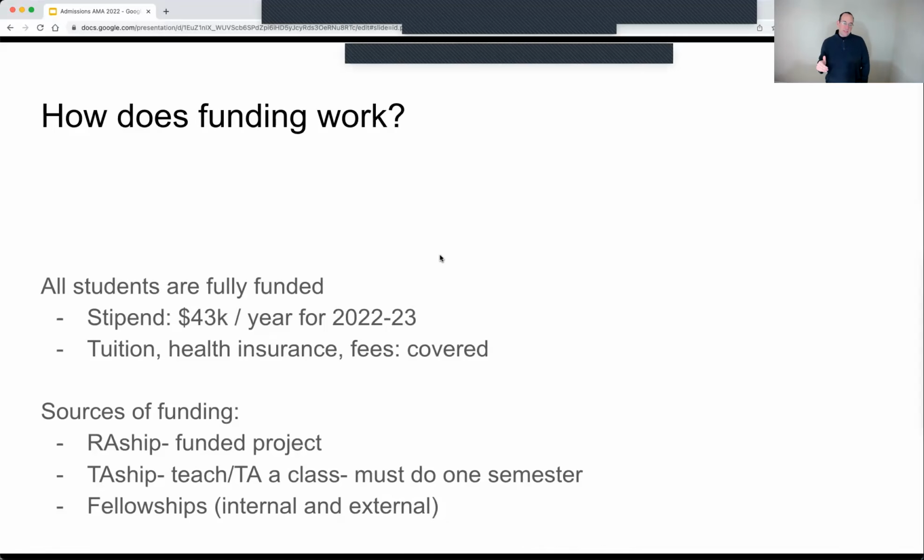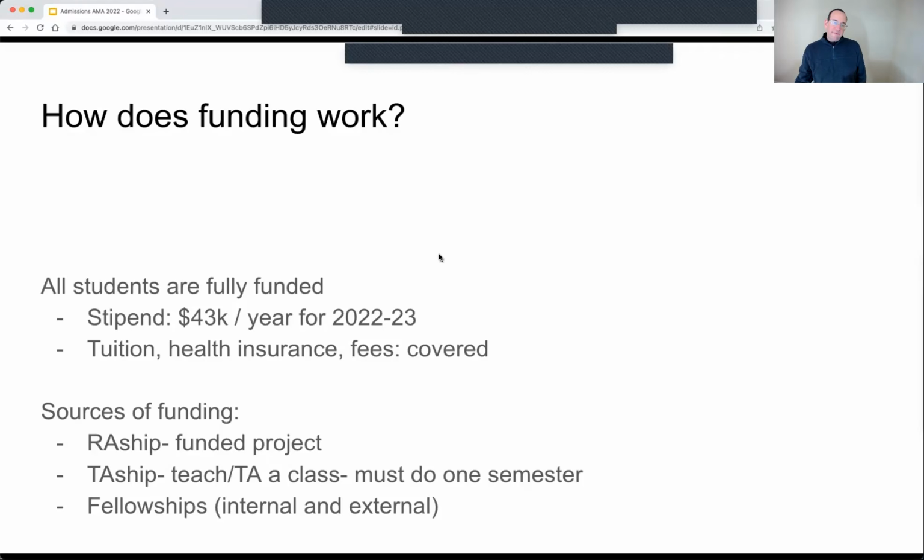So you will almost certainly do mostly RA-ships and some TA-ships, whether that's one TA-ship or a couple, depends on you and what your choices are and the funding. And of course, most fellowships don't last 3 years. So you usually have a mix of fellowships and RA-ships, but the fellowships are usually external, they're up to you to get, and we can help. Internal, there's some mechanisms available.